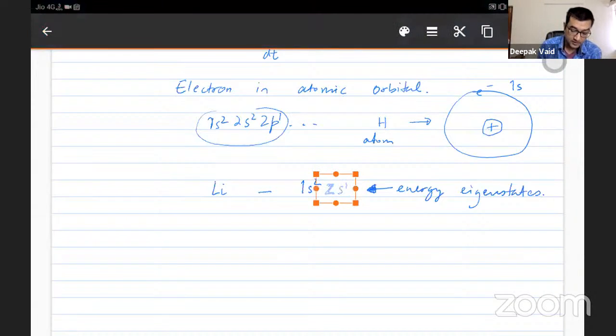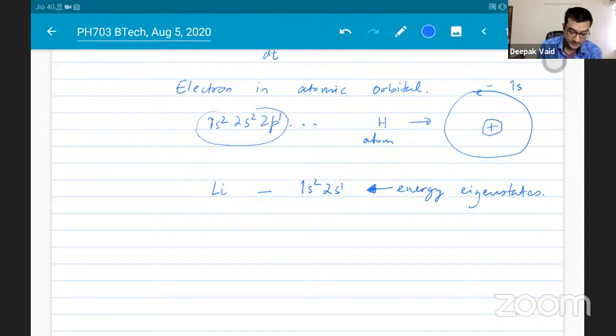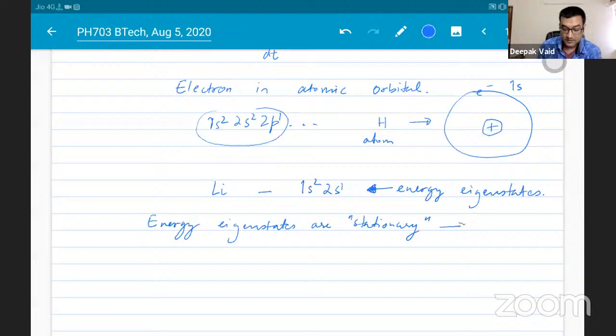And since energy eigenstates are stationary, this is one reason that atoms are stable. Otherwise, we would be in trouble.